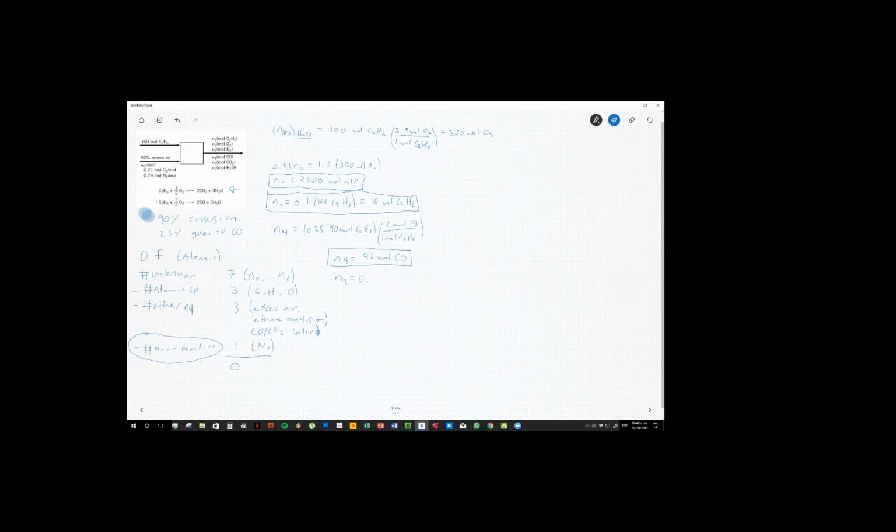That is 0.79, that is 79%, times the inlet N0, that we calculated already as 2,500 moles of air. So this gives us that N3, the amount of nitrogen, is 1,975 moles of N2.